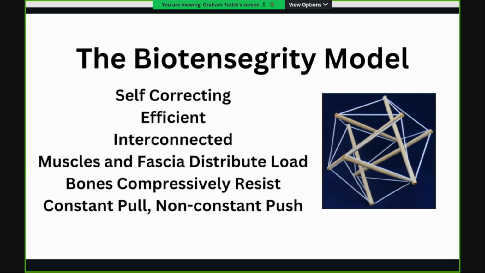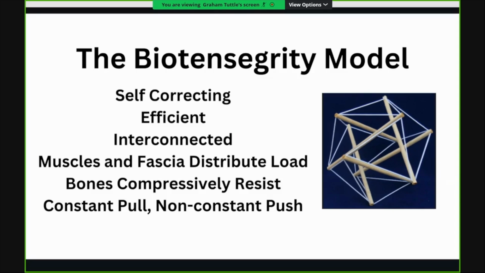But the tendons are always pulling on the bones, and the bones push back to the degree that their material is stretched. The bones are only going to bend so much. That's why they're stiff osseous structures. And once the tension exceeds the force that their material composition can resist, there's no more push.